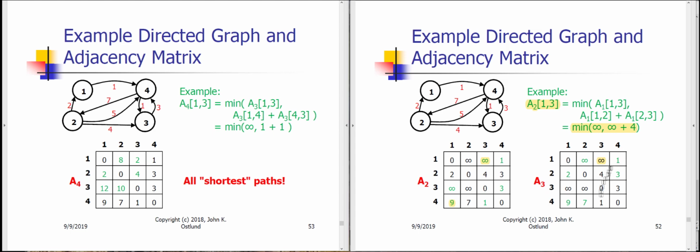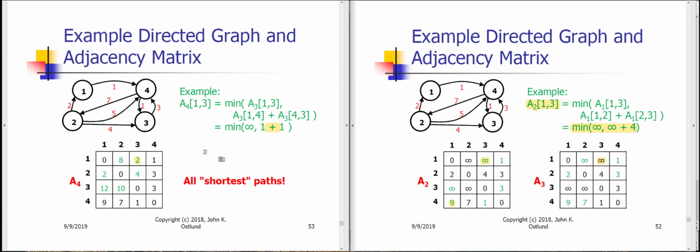So 1 plus 1 gives me a 2. 2 is definitely better than infinite. So now I have discovered that I can get from node 1 to node 3 with a cost of 2, that is 2 hours. Let's see how that works. We go from 1 to 4 in an hour and from 4 to 3 in an hour. And so we have made it from node 1 to node 3 in 2 hours.